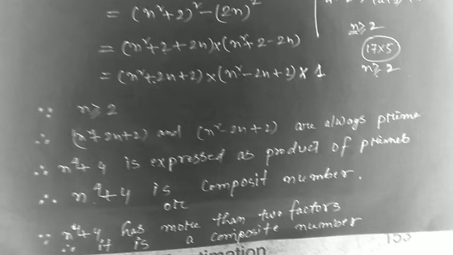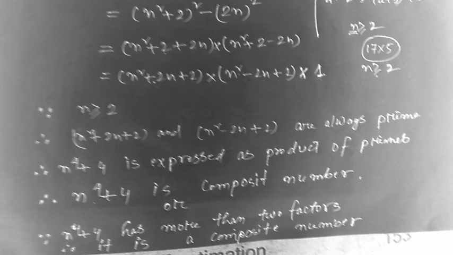Or you can write in this way: since n is greater than or equal to 2, therefore n square plus 2n plus 2 and n square minus 2n plus 2 are always prime. These two are always prime.